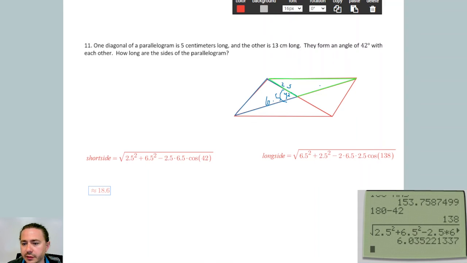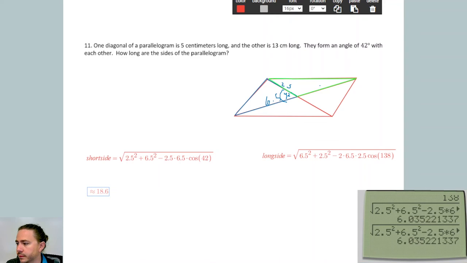And it looks like we get about 6.0, which is going to be the length of the short side. All right, so I get about 6.0 there.